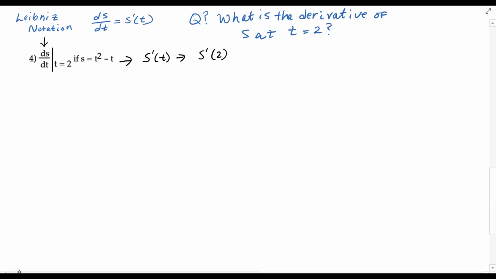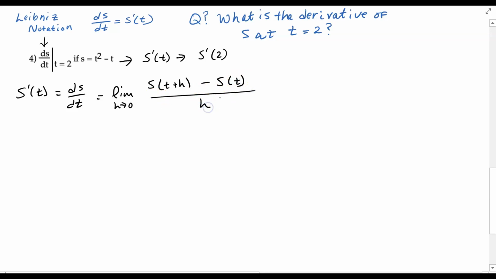But let's find s prime of t, which is ds dt. Let's first find the function. This is the limit as h approaches 0 of s of t plus h minus s of t, all divided by h.